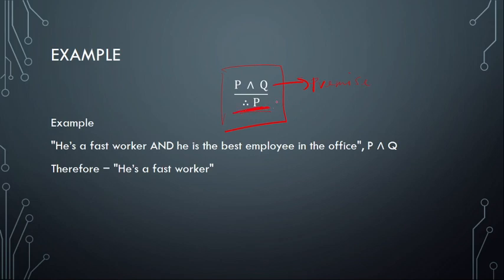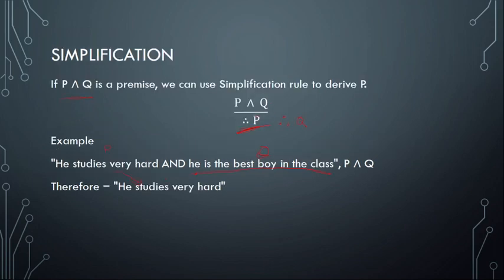So, therefore, P. So, which is P in this statement? So, since he is a fast worker, mora jud inyohang murag maulog siya murag muura ang inyong i-return. So, that's for simplification.